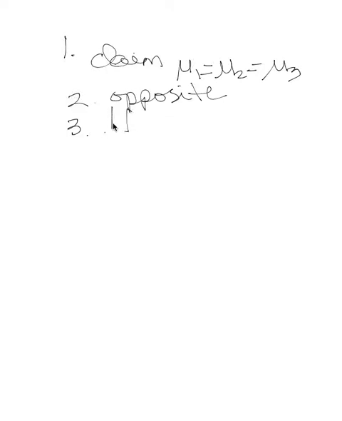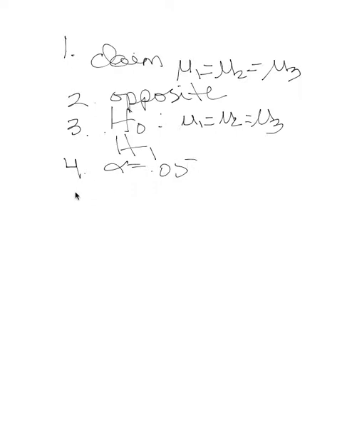Step 3, our null hypothesis is our claim. So we will copy down the claim. And then the alternate hypothesis, we would use the same wording we did for opposite. Step number 4, we have alpha equals 0.05. Step 5, again, we're using the F test statistic, the ANOVA test. Step 6, looking at that chart, we have the F value.